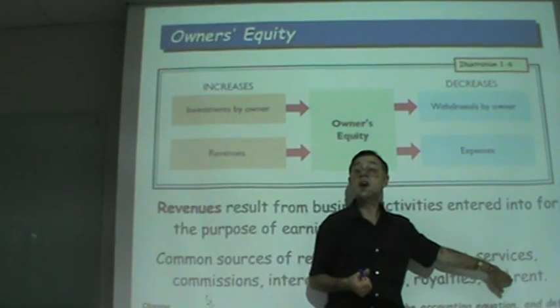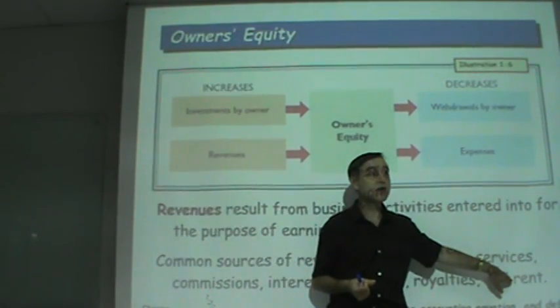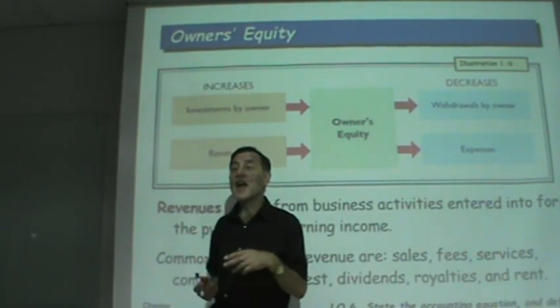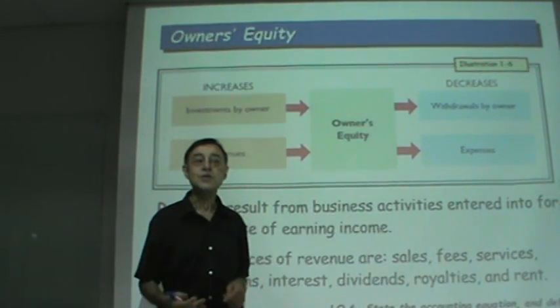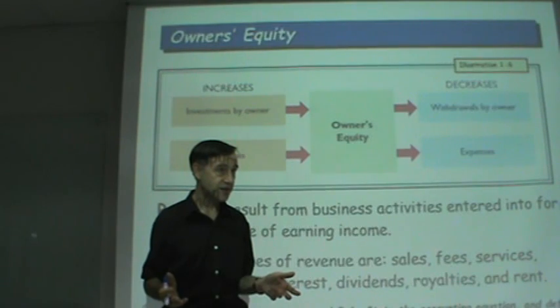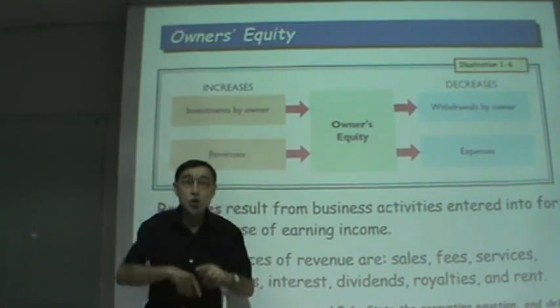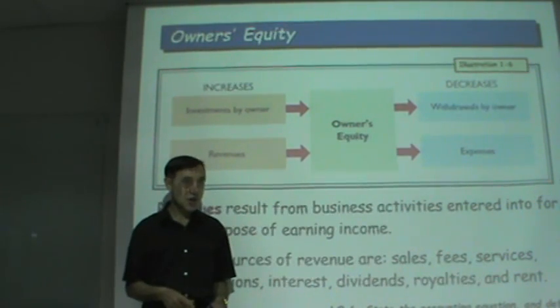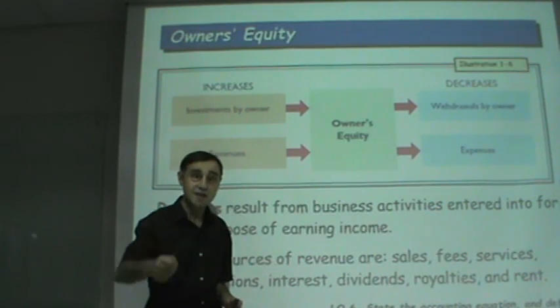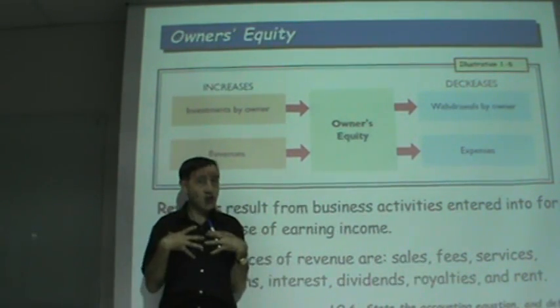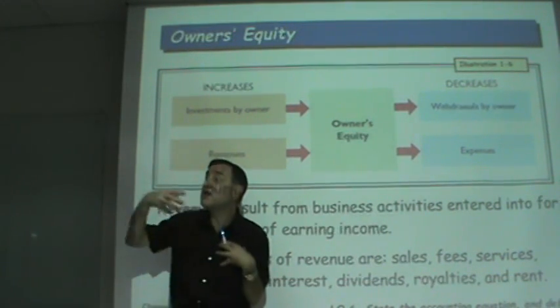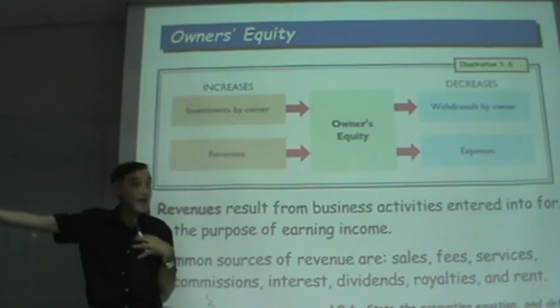And finally, a very common revenue is rent. And rent is money paid to use real estate. So you can use a garage and then you pay rent. It's a rent expense. Or if you own an apartment, you give the apartment to somebody else.